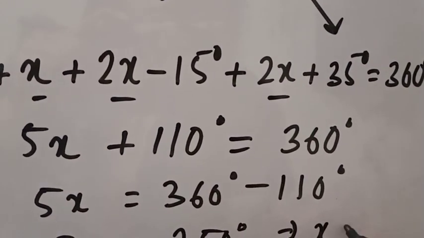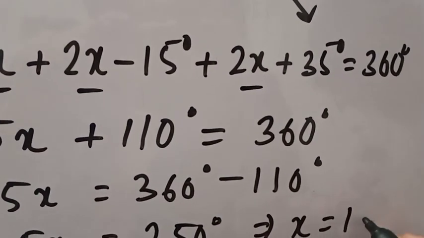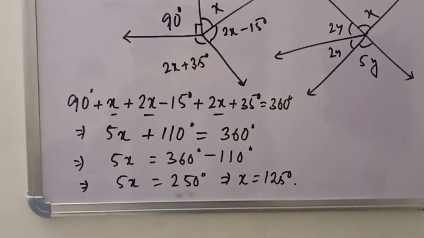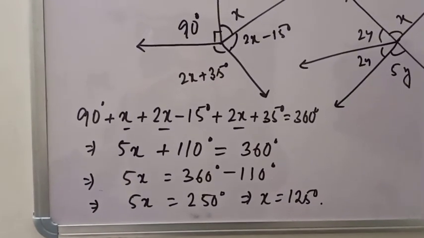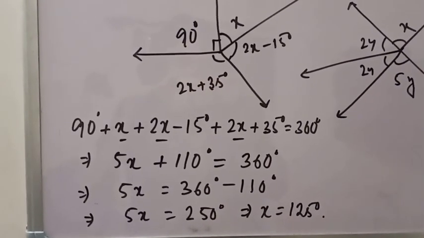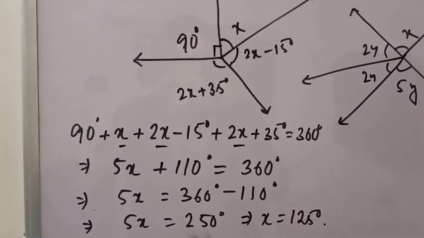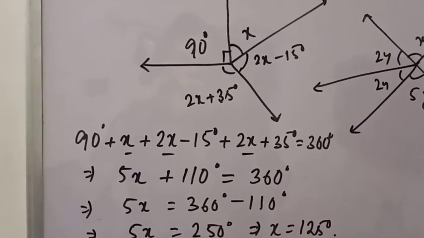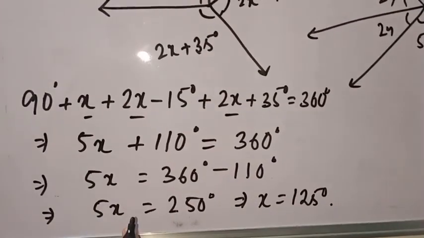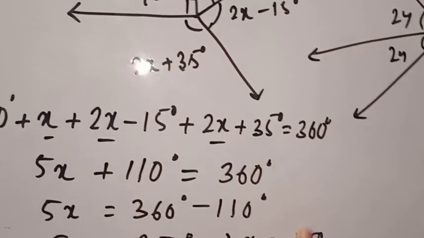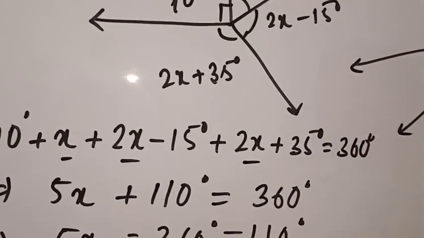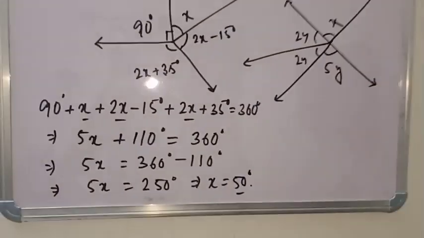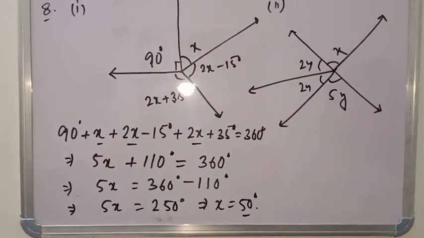Sorry, I said x equals 125 degree, but 5x equals 250 means x equals 50 degree, not 125 degree. So x equals 50 degree.